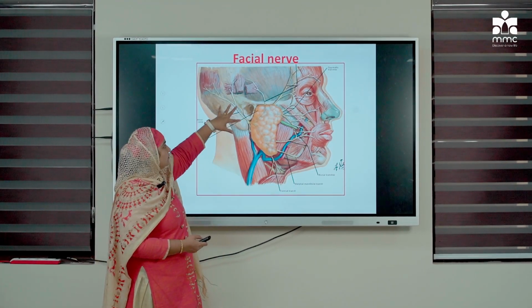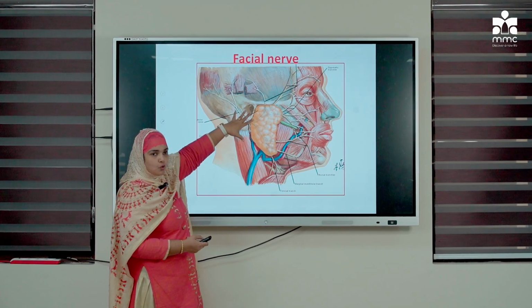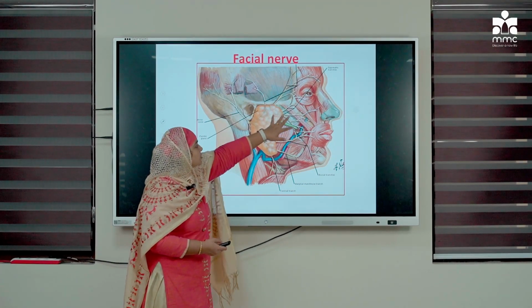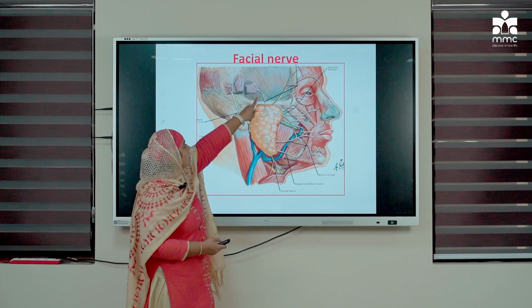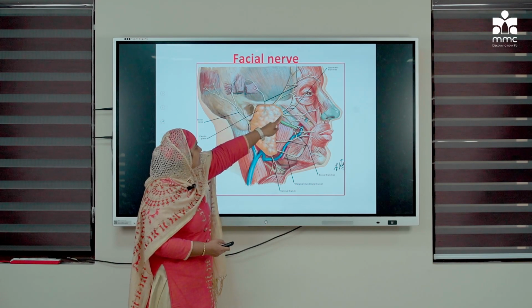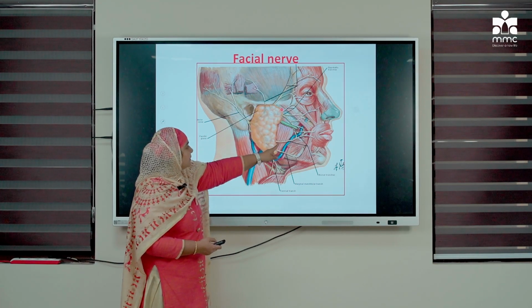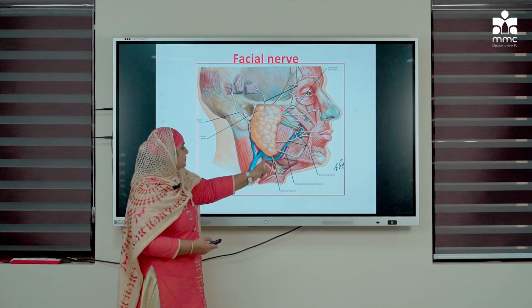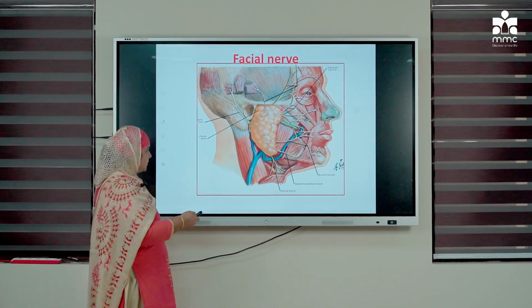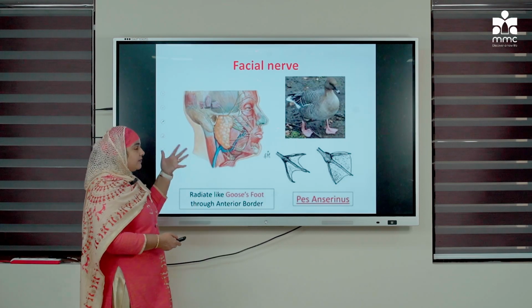So that is about the facial nerve dividing into two main trunks, and we have the 5 branches emerging outside, that is the temporal branch, then here we have the zygomatic branch, here we have the buccal branch, marginal mandibular branch, and the cervical branch of the facial nerve.